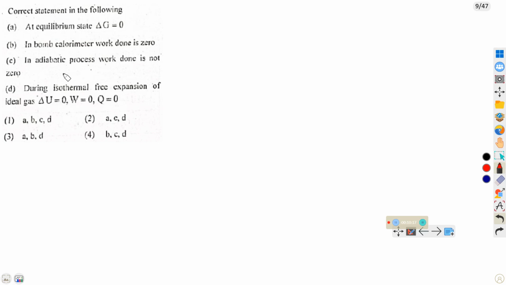Correct statements in the following. At equilibrium state, delta G is equals to 0. Correct. In bomb calorimeter, work done is 0. This is also correct. In bomb calorimeter process, volume remains constant. Volume remains constant means change in volume is equals to 0.